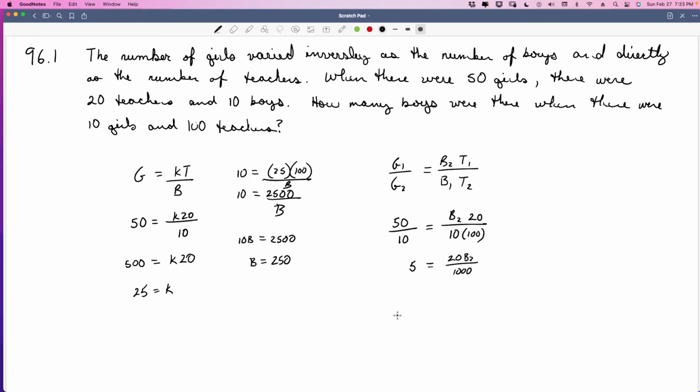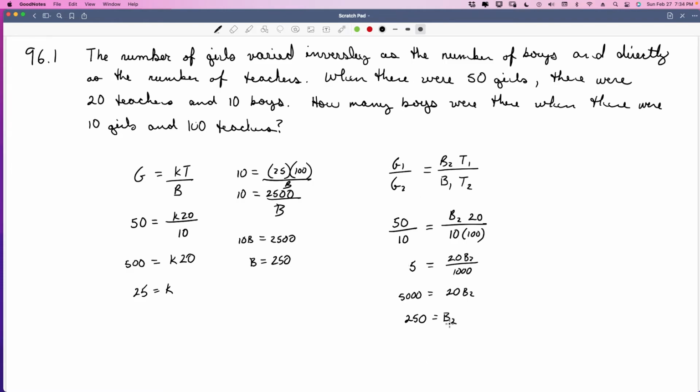I multiply both sides by 1,000, so 5,000 is equal to 20 times B2. When I divide both sides by 20, I find that 250 is equal to the number of boys when these conditions are present. It's the same answer. We just got there a little bit faster.